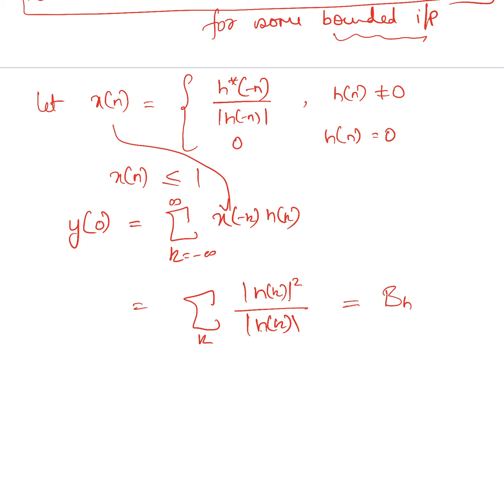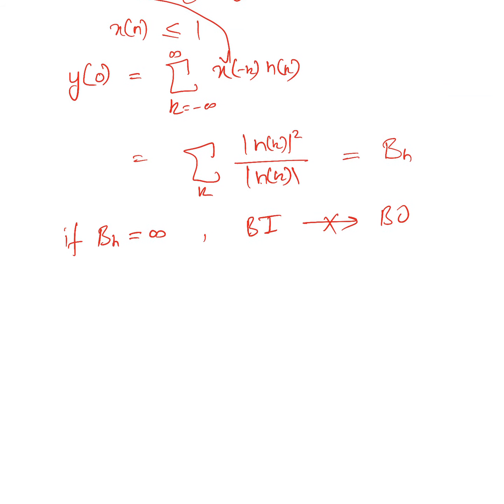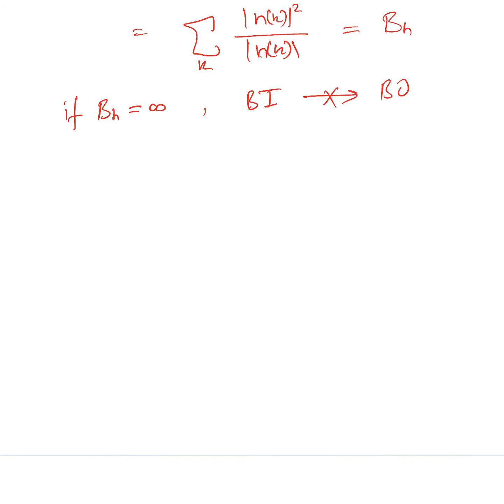So at n equal to 0, if your Bh is not a finite number, so it could only be an infinite number, then your bounded input does not give you a bounded output. And this is what we wanted to show, that a bounded input does not give you a bounded output. So this is the proof of why this condition is also necessary.